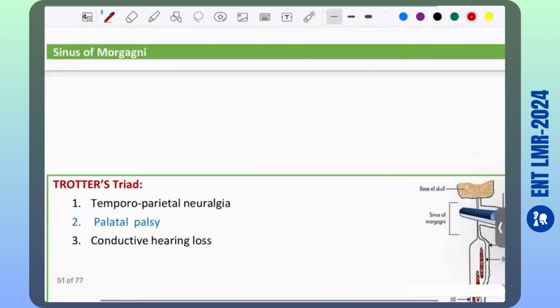So what is the sinus of Morgagni? The sinus of Morgagni is the space between the superior constrictor muscle and the skull base.